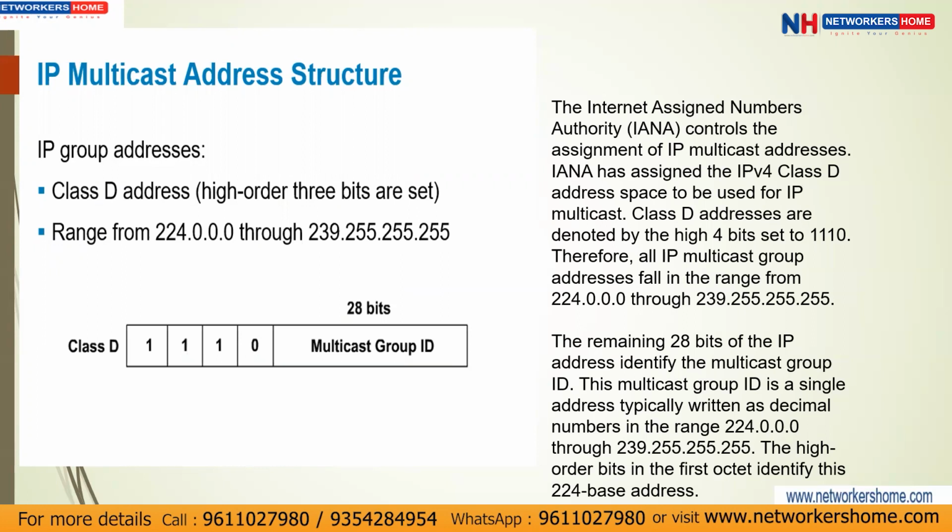The remaining 28 bits of the IP address identify the multicast group ID. The multicast group ID is a single address typically written as a decimal number in the range 224.0.0.0 to 239.255.255.255. The high order bits in the first octet identify this 224 base address.